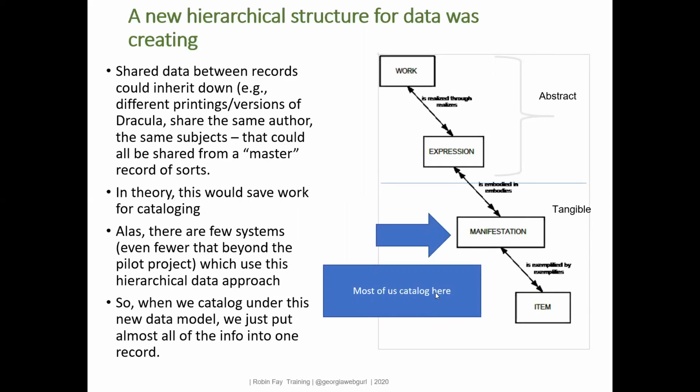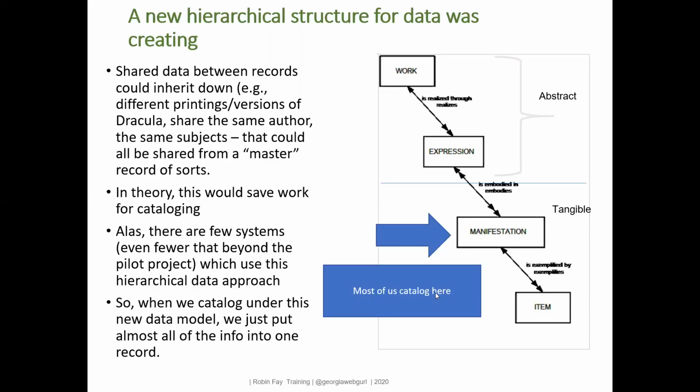Now, in the process of doing this abstract thinking, we really got into the philosophy of cataloging. We talked about how our users use data, how we could do different things. We started looking at how we could share data between records better. And so one of the ideas that has come out is that we could share records. We could create this sort of master record where all the different printings and versions could share information.